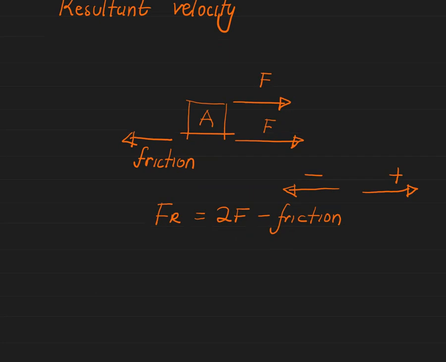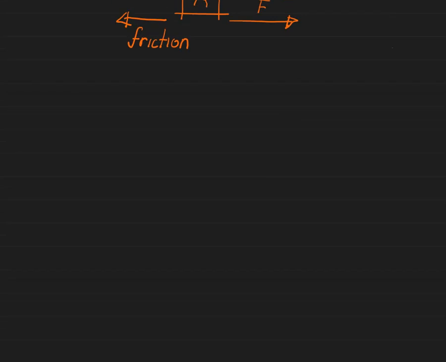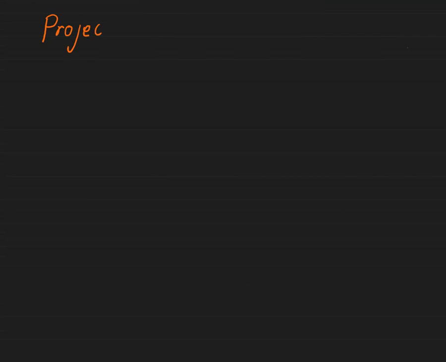All right, so the last section in this module, remember we are still on kinematics, let me just erase this, is projectiles. When you look at projectiles, basically we are looking at an object that is moving along a curved line, and it's only subjected to the force of gravity.